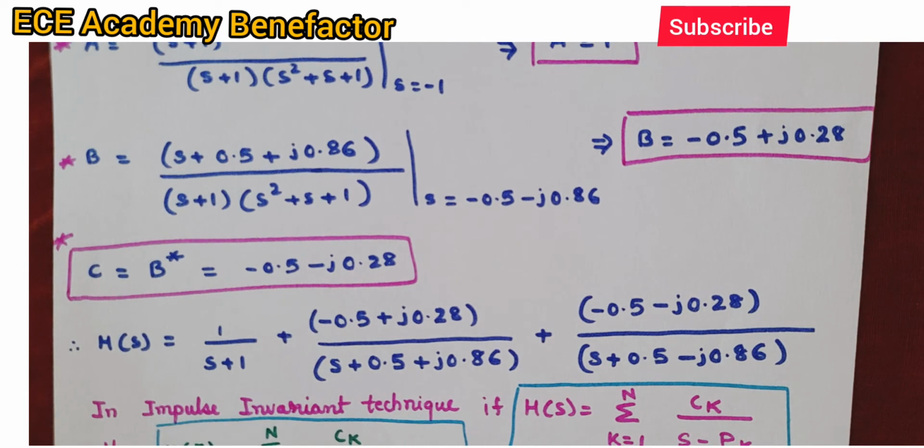So what you have done till now: order is given 3, and then you have written the transfer function of a normalized Butterworth filter to be 1 by s plus 1 dot s square plus s plus 1, and then factorized it and got the values of a, b and c. Okay, so this is the transfer function.